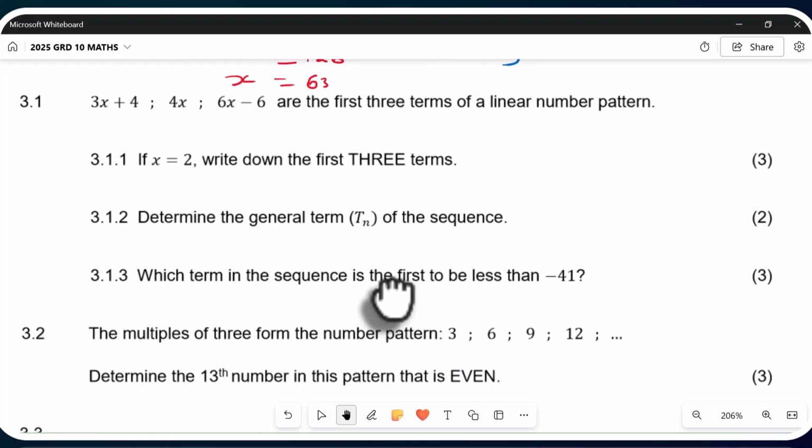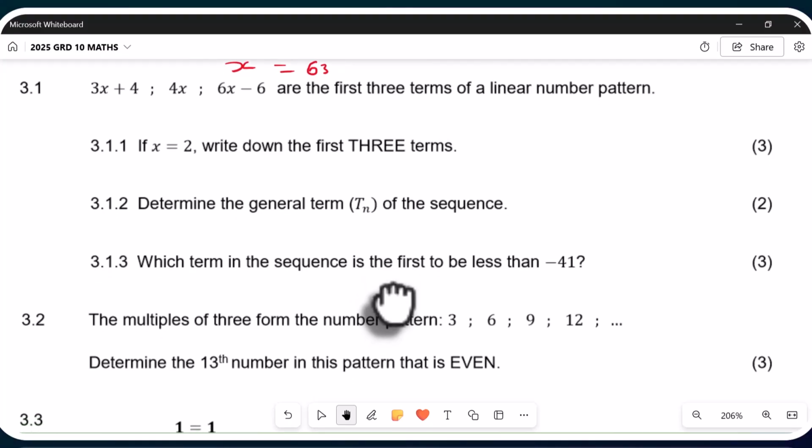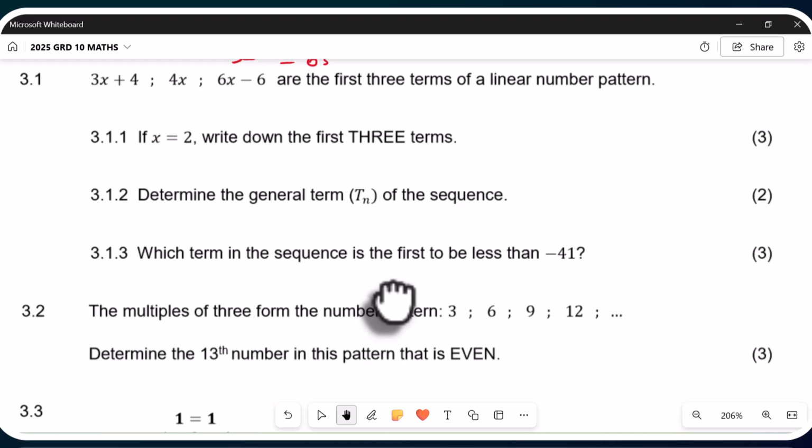Now divide by 2. We divide by 2, get what here? 26.5.